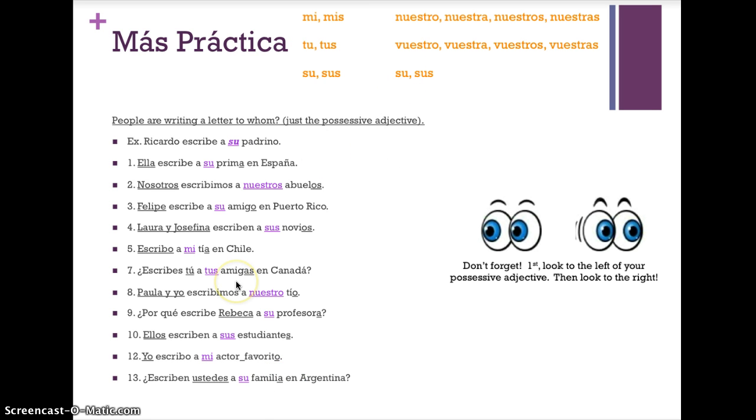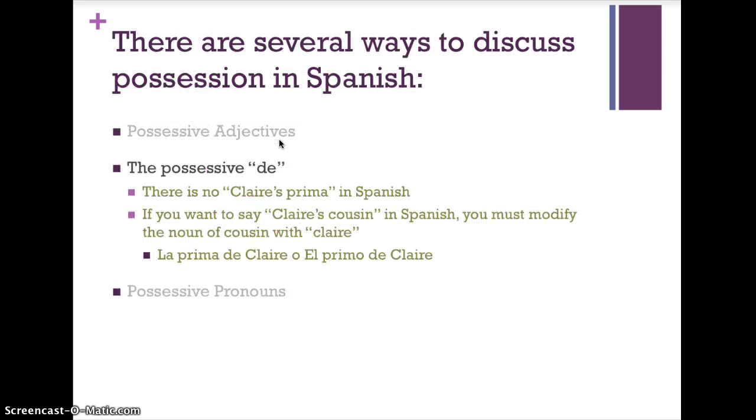Okay? If you don't understand how I found which box to pull from, then you need to see me separately for some tutorials. There are other ways to discuss possession in Spanish, like possessive use of de. This is straightforward, but this is something we saw in the test that a lot of people were having trouble with. You can't just say Claire's prima es de Colombia.